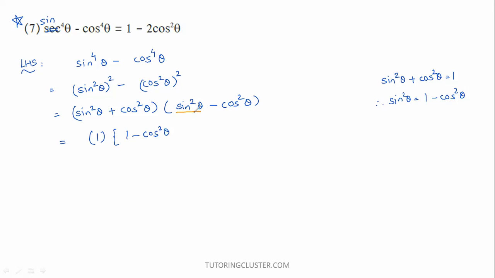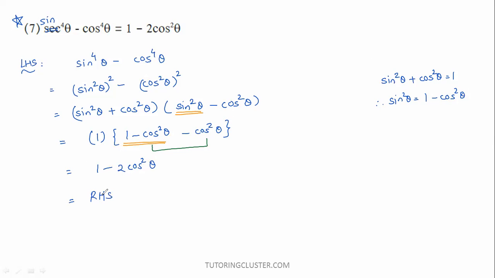Instead of sine square theta, we are writing this. The next is as it is, minus cos square theta. Now, if you combine these two terms, what you are going to get? 1 minus 2 cos square theta, which is nothing but your answer.